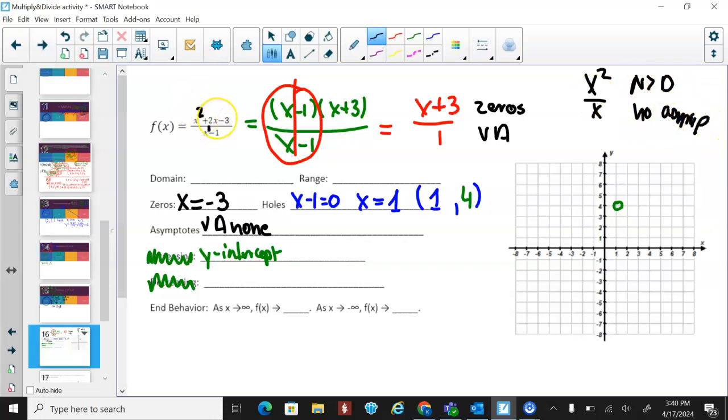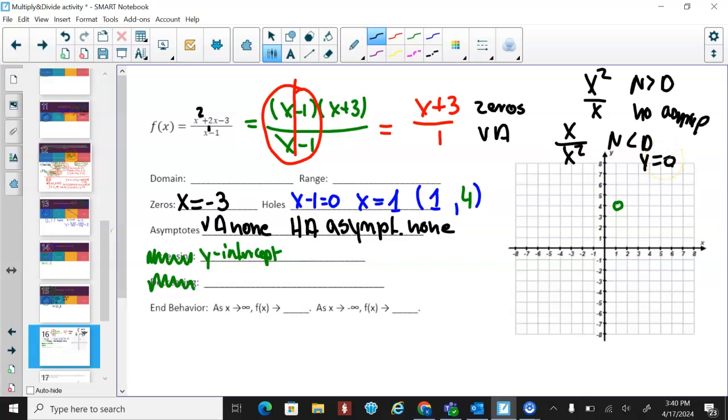We got 2 on the top and 1 on the bottom, so that means there is no horizontal asymptote either. Okay? None. All right? Now, if the bottom is more than the top, so there are more x's on the bottom than the top, that means numerator is less than denominator, and the asymptote is always 0.